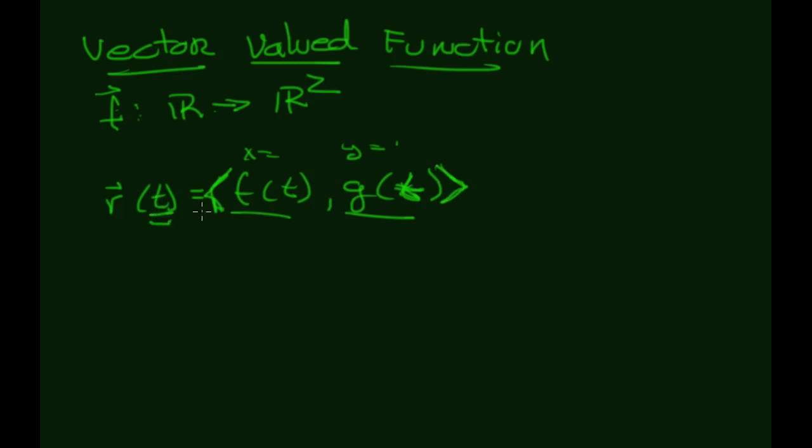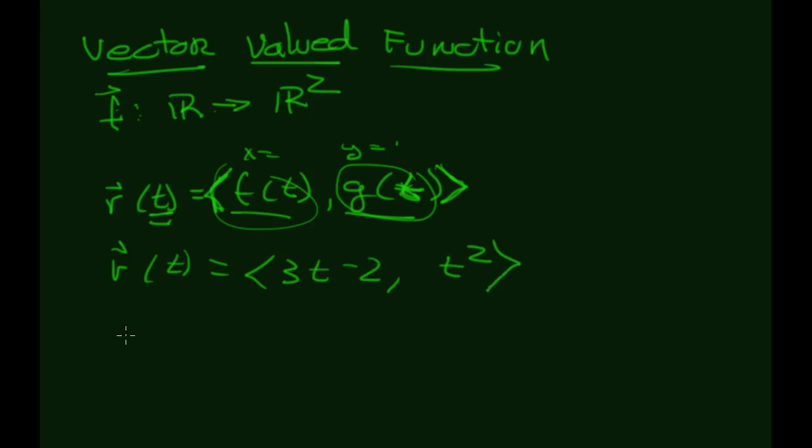So given t, I now know how to find the first coordinate with this rule f and the second coordinate with this rule g. So I might say r of t is 3t minus 2t squared. In this case, r of 1 would be 3 times 1, which is 3, minus 2 is 1, and then 1 squared is 1.